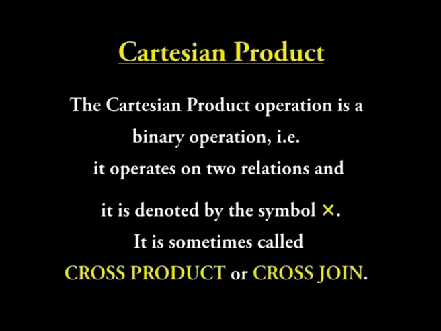So, next operator is Cartesian product. The Cartesian product operation is a binary operation, that is, it operates on two relations and it is denoted by the symbol cross or X, we can say. It is sometimes called cross product or cross join.